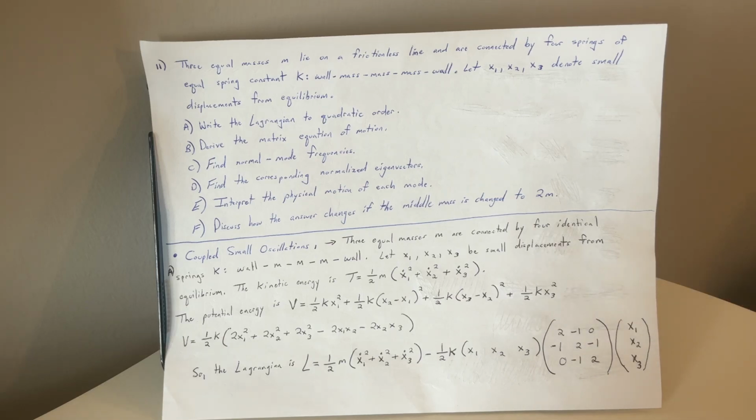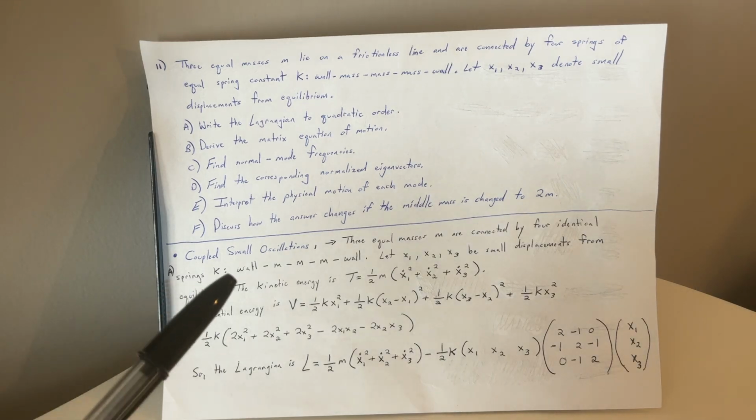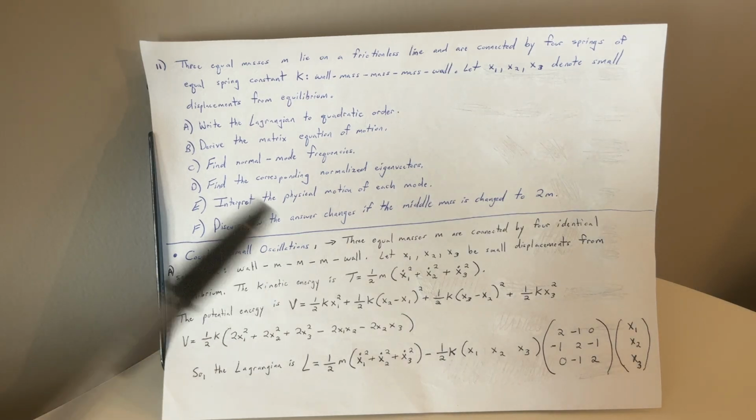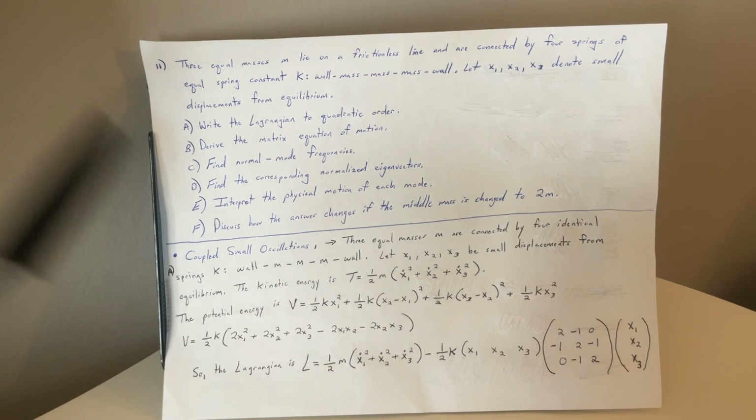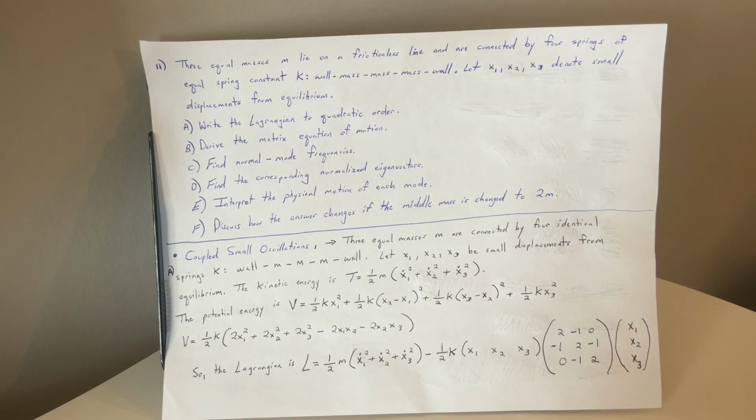So we have three equal masses m, connected by four identical springs k. For part A, it's wall, m, m, m, wall. We let x1, x2, x3 be small displacements from equilibrium. The kinetic energy is T equals 1/2 m times the quantity x1 dot squared plus x2 dot squared plus x3 dot squared.